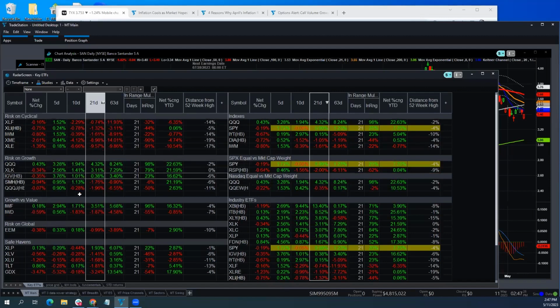What's interesting to me when I look at the overall performance is that we've seen strength in biotechs, which have really come to life recently, and housing stocks. And we've started to see some interesting strength in consumer staples names like Procter and Gamble and Unilever. Pepsi has been doing very well.